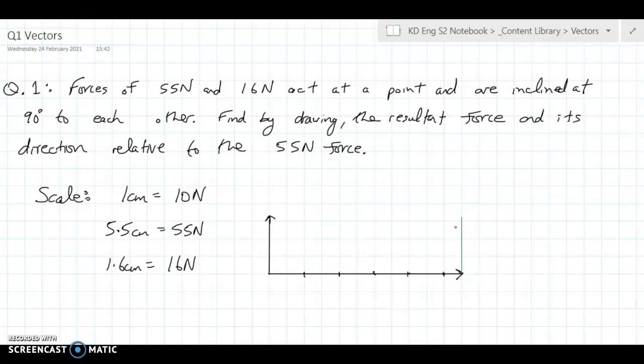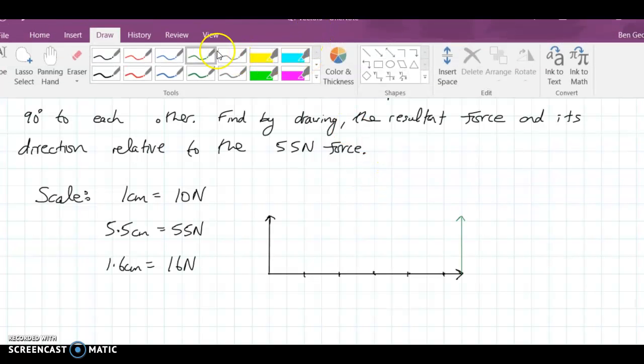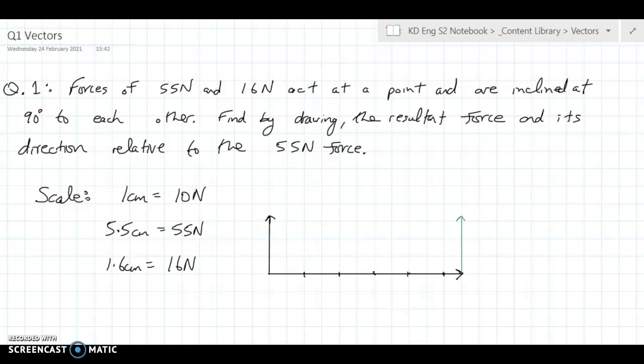There it is there, and then I can draw another line over here, mirroring my original 55 newton line. So this is 55 newtons here, and this is 16 newtons, and using this parallelogram method, the resultant is going to be the diagonal.